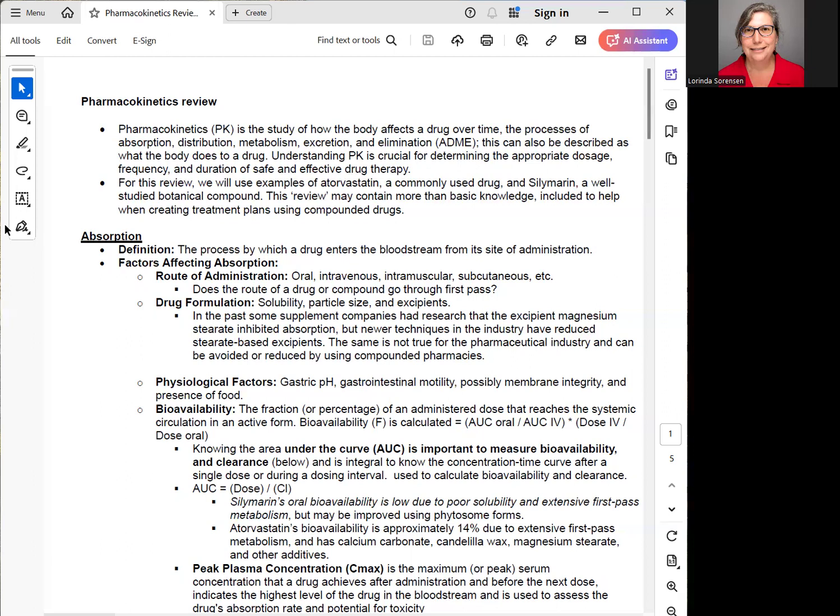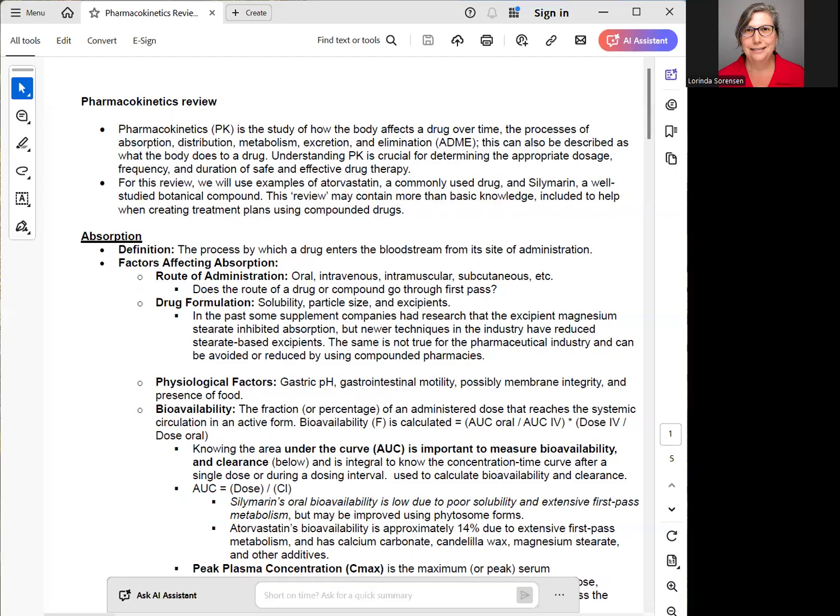And silymarin is one of the more studied compounds. Of course, silymarin is not just one compound, and it works in the liver in multiple mechanisms. Compare that, or at least discuss it, with some of the pharmacokinetic parameters of a statin, atorvastatin, which is one of the more popular ones.